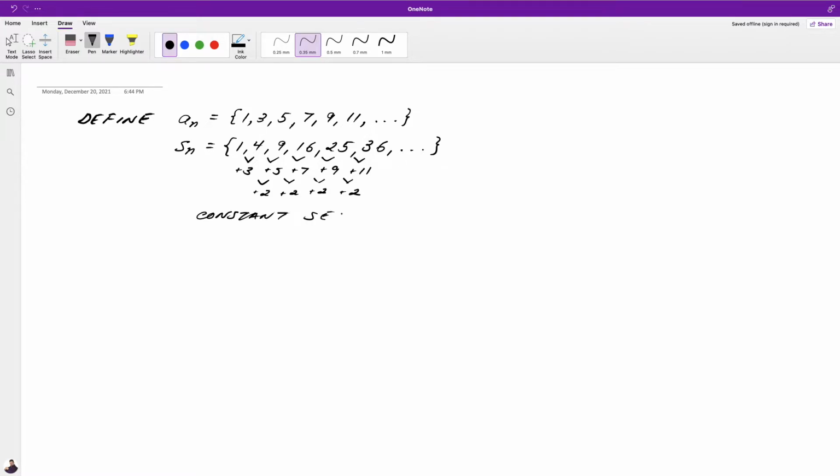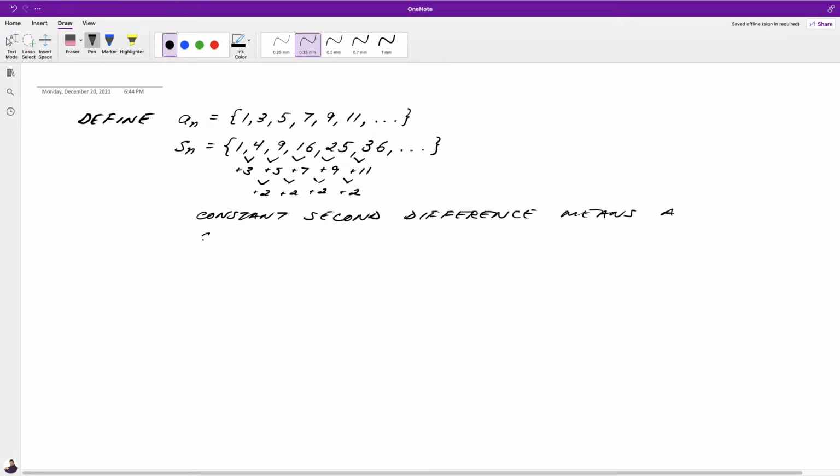Now, if anyone's taken real analysis, you'll realize that the constant second difference is indicative of a quadratic relationship. So, constant second difference means a quadratic relationship.